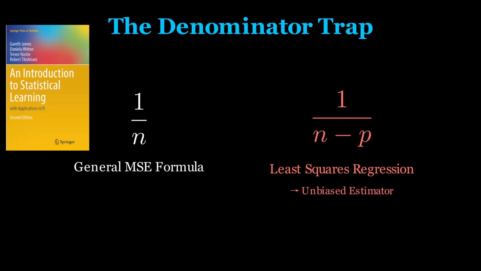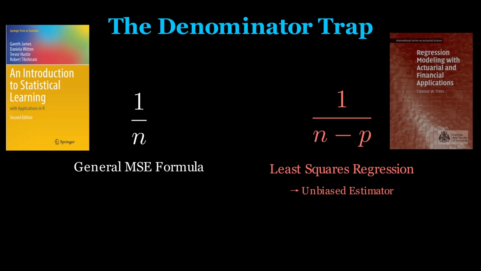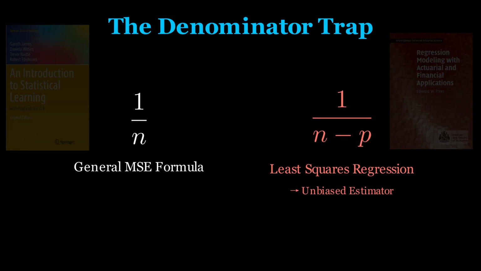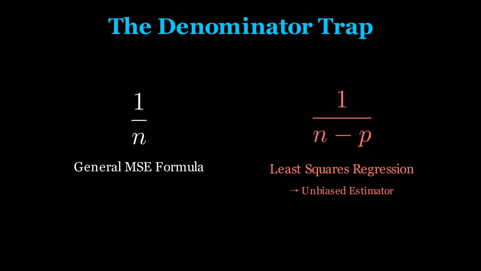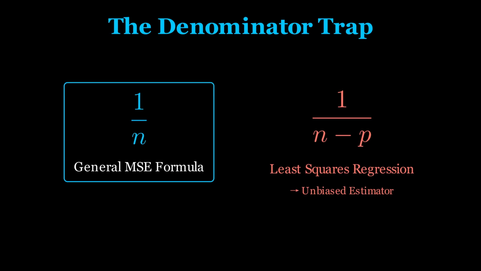For least squares regression, or hypothesis testing, which mainly comes from the Frees textbook, we need to tweak the bottom part to make it an unbiased estimator. Basically, the math gets fancy to account for the degrees of freedom used up by the model. We'll cover that in another video. But for the general MSE we are talking about here, we stick with 1 over n. It's biased, but who's not these days?